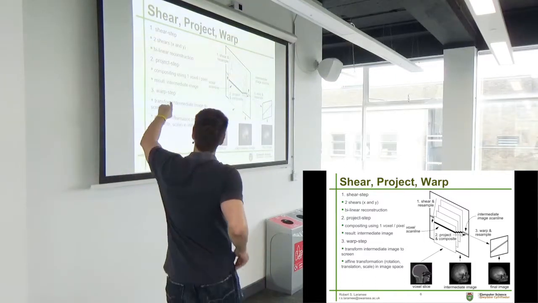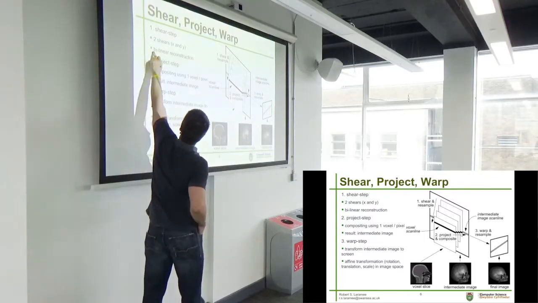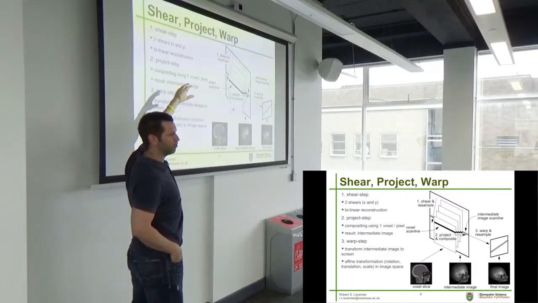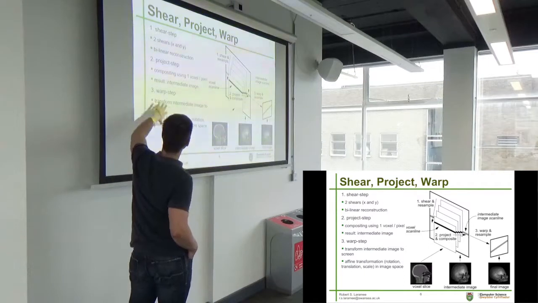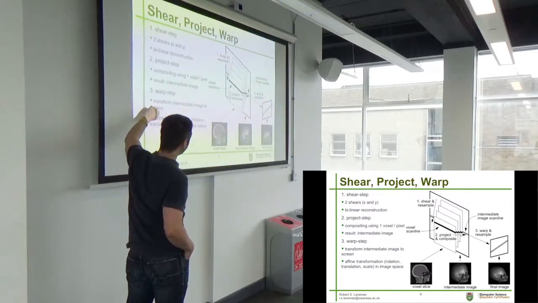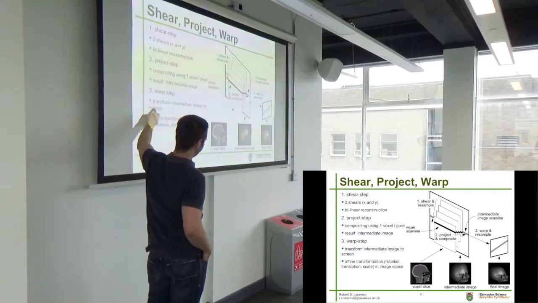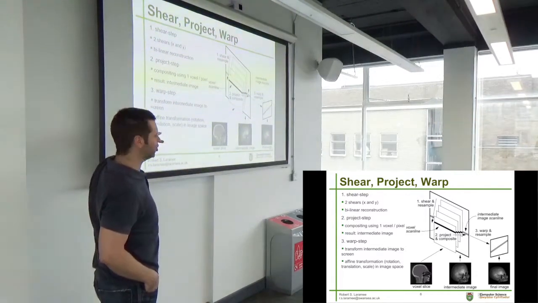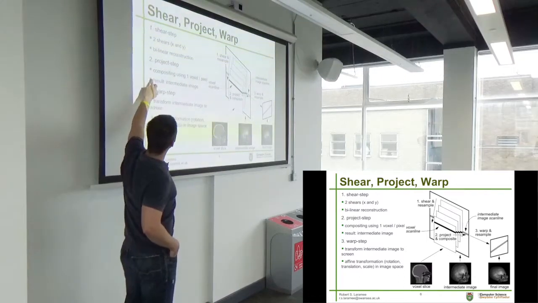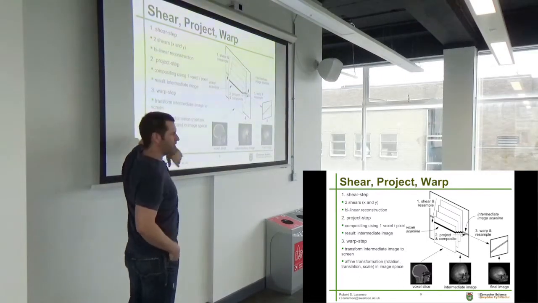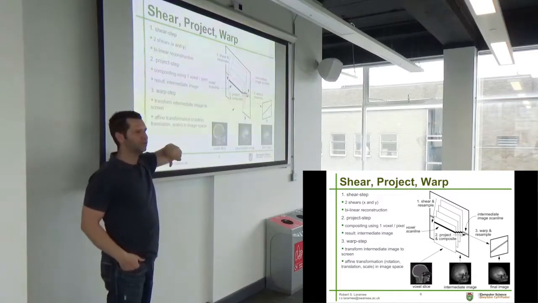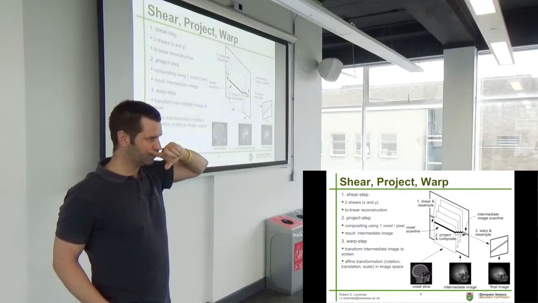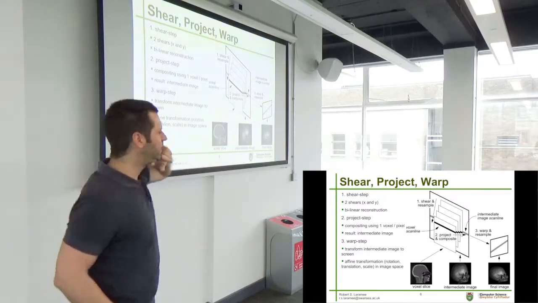So the whole idea, this is something new. The shear is something new that you haven't seen yet in previous lectures. And the unshear or the warp step is also something new. That's like post-processing. That happens after the projection. But this somehow has changed. We've seen compositing before in the standard ray tracing algorithm from Monday, which is on YouTube, by the way.